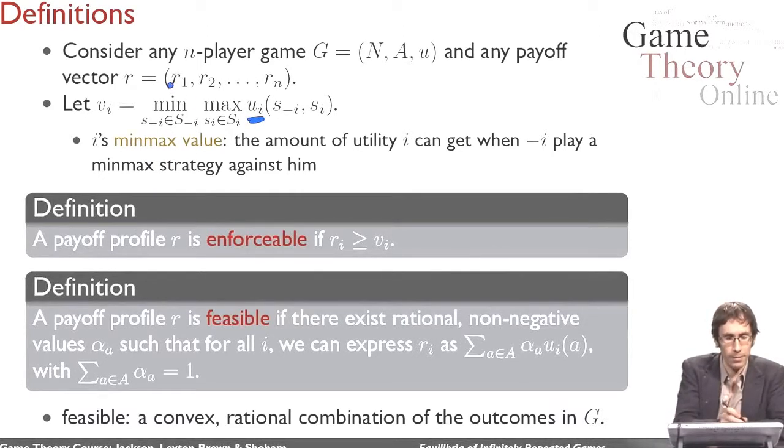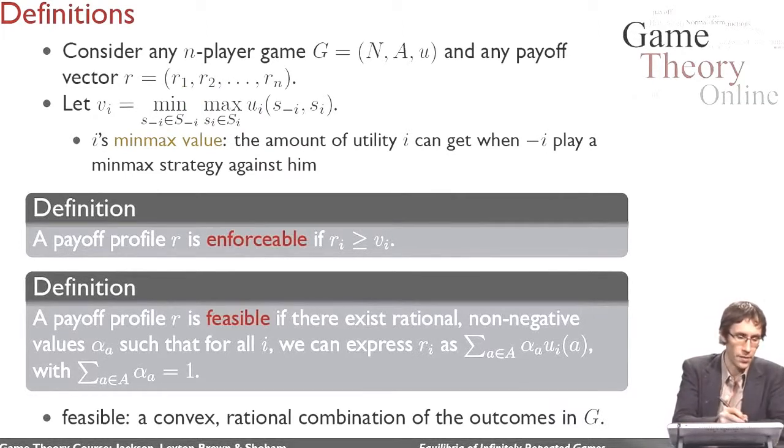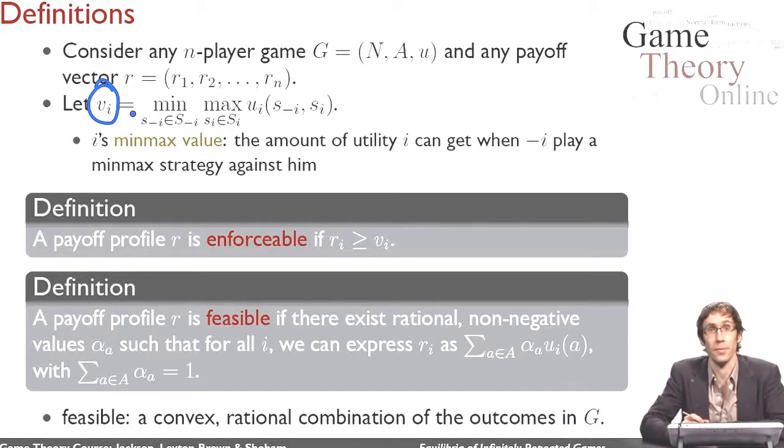They're trying to minimize i's utility, given that i is trying to maximize in response to their minimization. And the number that comes out at the end is the amount of utility that i can get by doing as best he can against everybody trying to hurt him as much as possible. So that's i's min-max value.